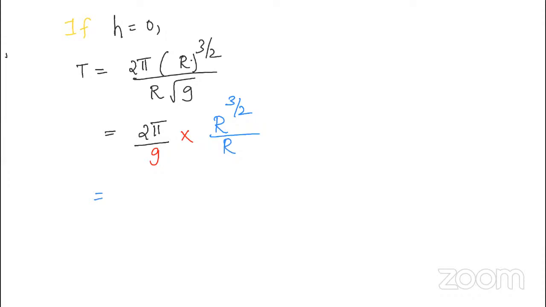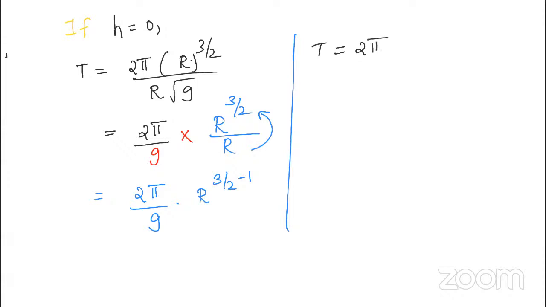Okay, so next step in the r we have to take it above. So for 2 pi by g into r power 3/2 minus 1. Okay, so it is t is equal to 2 pi by g. Sorry, it is root g. Okay, it is root g into r power half.